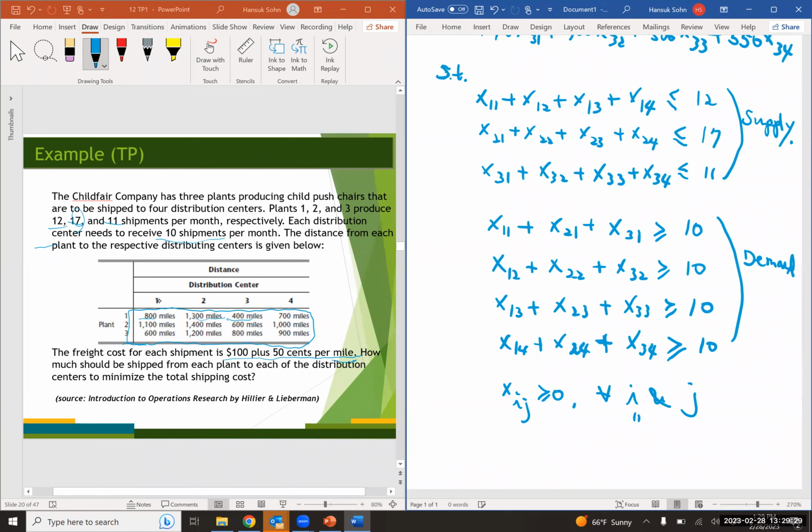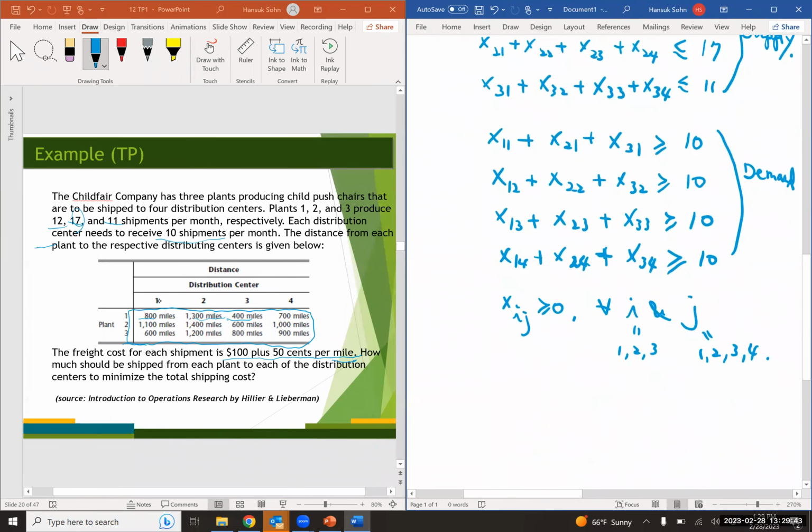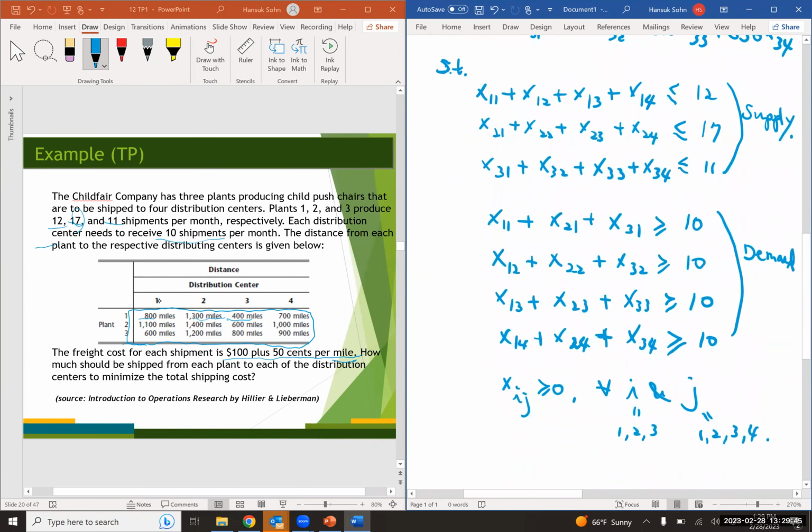And i is going to be 1, 2, 3, right? And j is going to be 1, 2, 3, and 4 in our case, okay? So this is our complete LP model for our first example problem, okay?